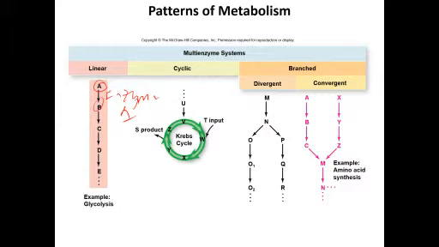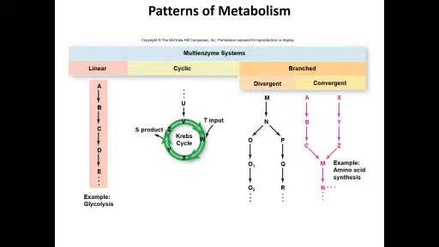Then product B becomes the reactant of the second chemical reaction, and you form product C. You have a second enzyme, totally different from the first, that catalyzes the second reaction. Now this is a long linear chain of reactions that comes to the formation of a final, ultimate product.